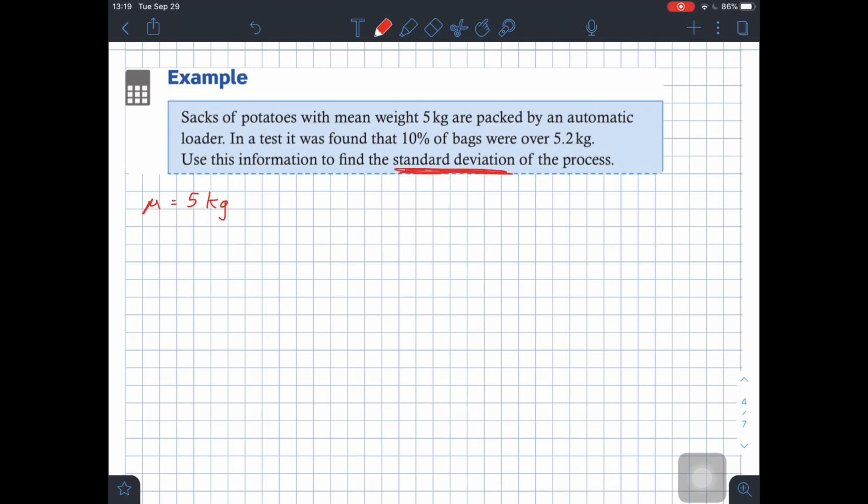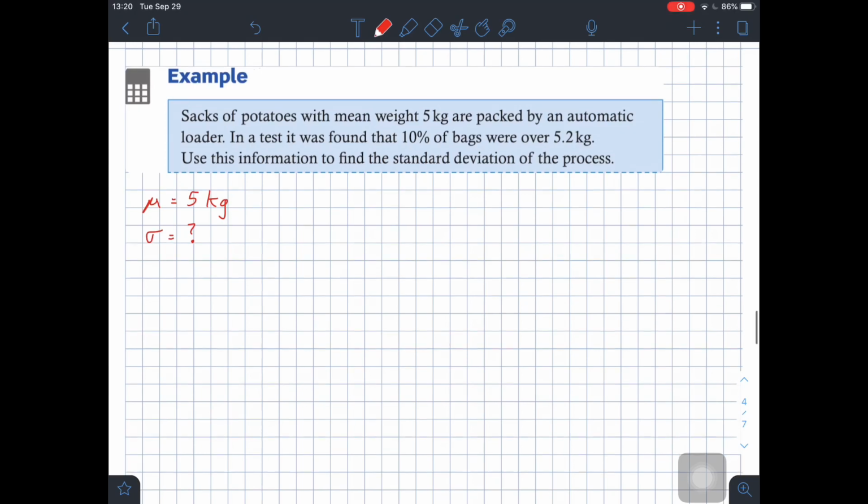So you see that in this case, we do not have the standard deviation. So what will happen in this case? If we don't have mean and standard deviation, we cannot use our calculator because our calculator requires us to plug in a value for mean and standard deviation, right? So if we cannot put any information for the standard deviation, then there's something that we need to do in order to be able to actually use our calculator.